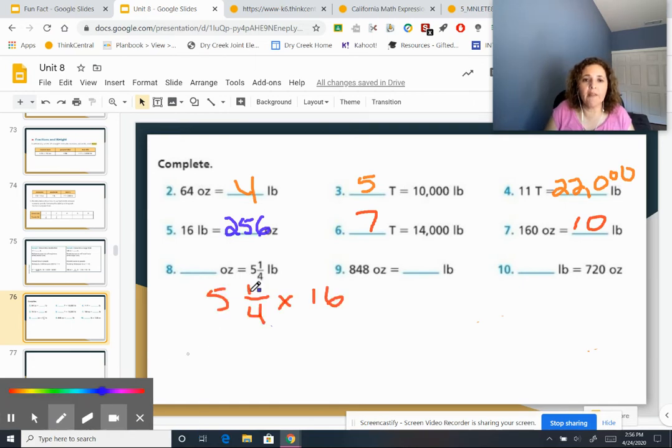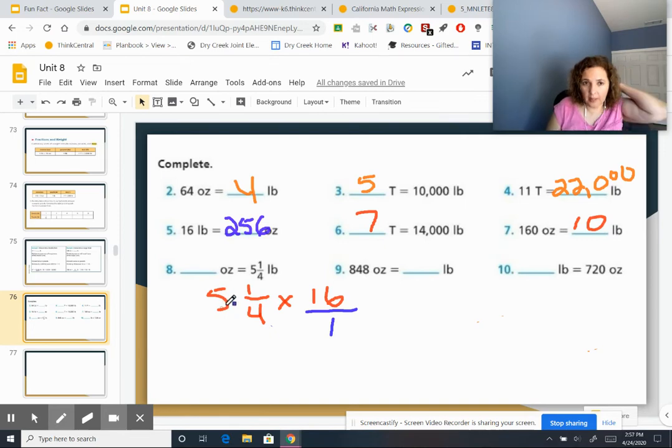Okay, so you should have 5 1/4 times 16. And now I know if I have a fraction, I got to turn this into a fraction. I can turn it into a fraction by putting my fraction bar and putting a 1 underneath. Now I got to turn this mixed number into an improper fraction.